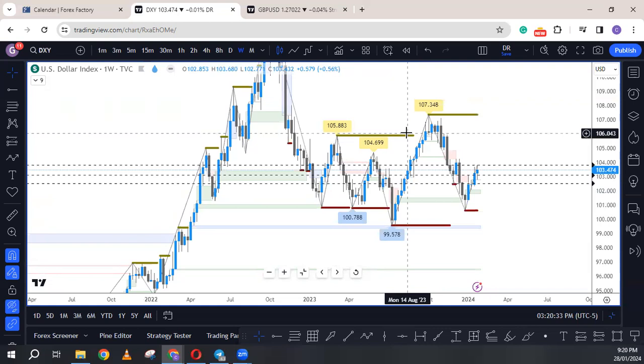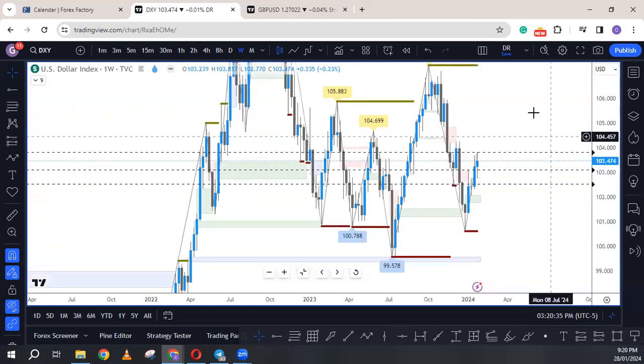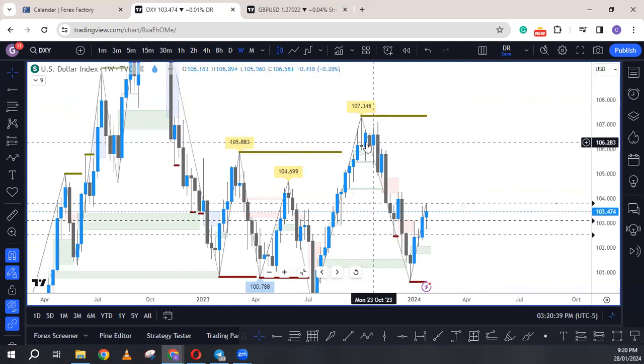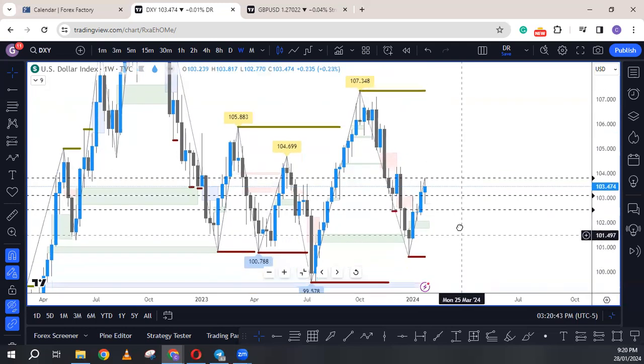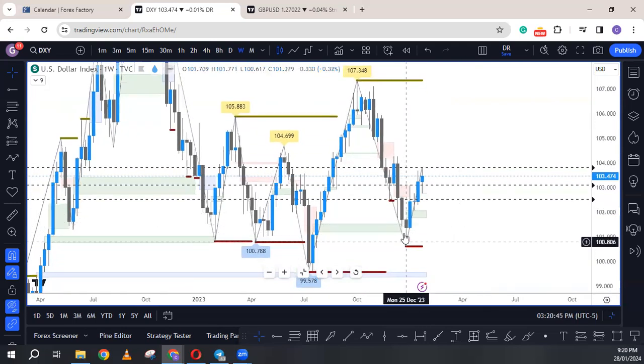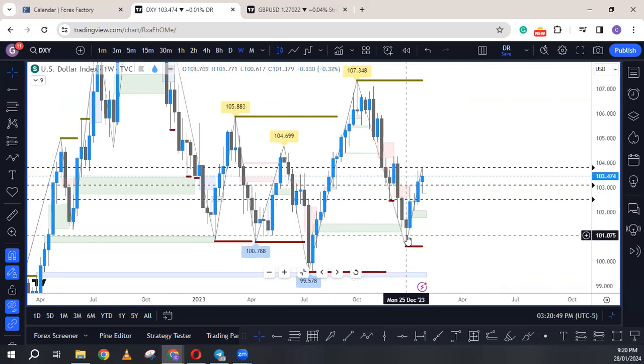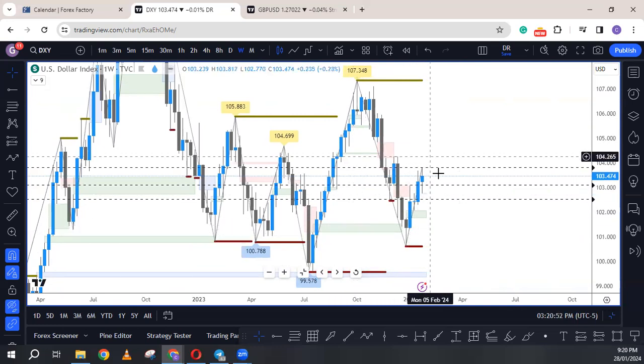Although it had wicks, there was a body close above here. Wasn't that convincing enough? But the retracement is steep. It did a very steep retracement, came down to this daily, weekly fair value gap, and it's back up.